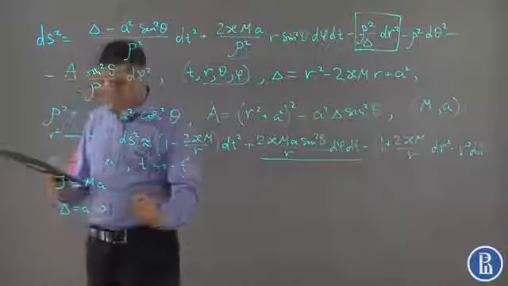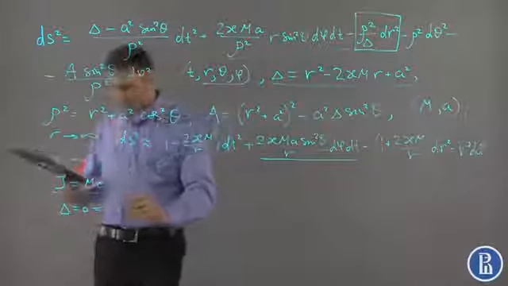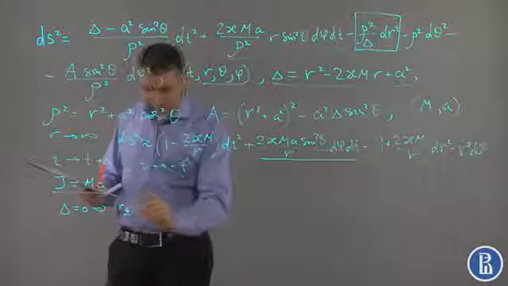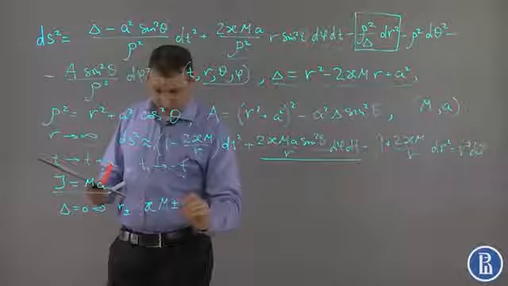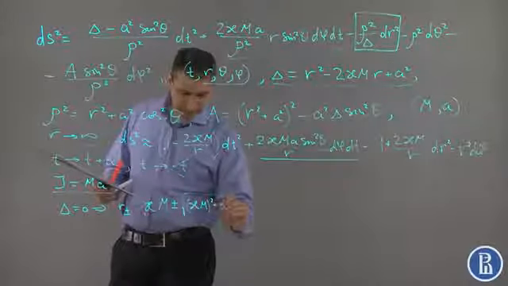It's a quadratic equation, as follows from here, and it corresponds to r plus minus. Two solutions of this equation are: r plus minus equals kappa m plus minus the square root of kappa m squared minus a squared.